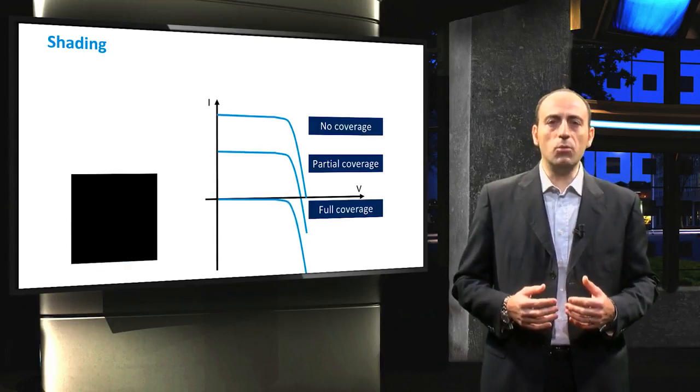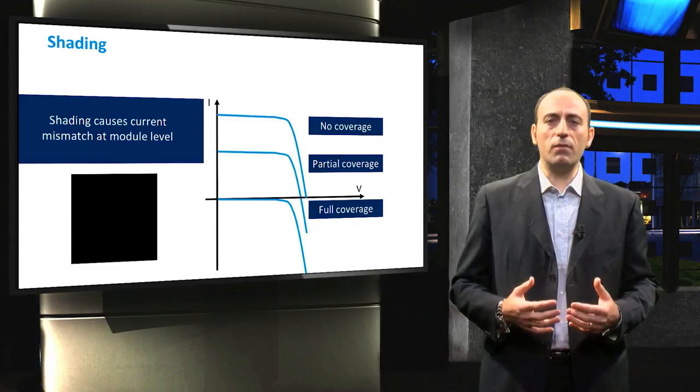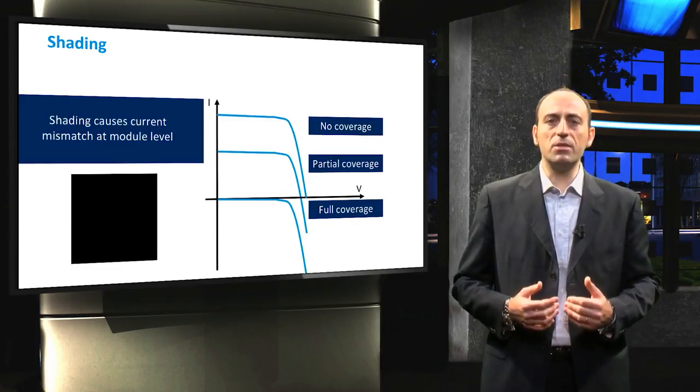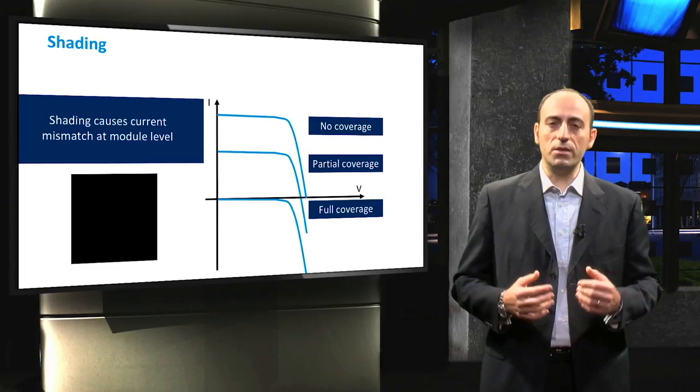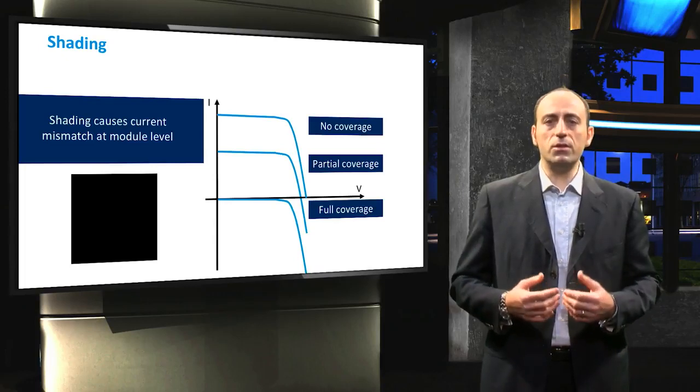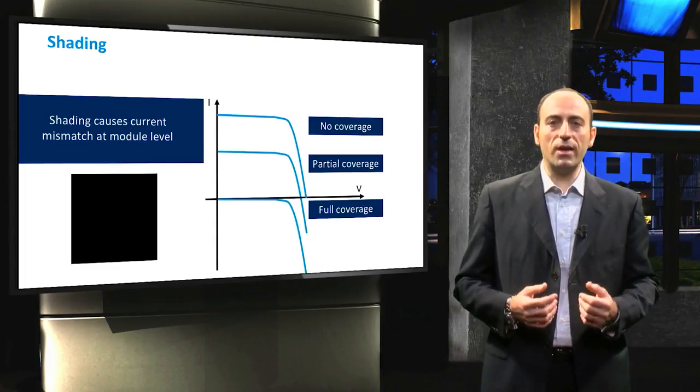Problems arise at module level because the shading of a single cell implies a current mismatch in the PV module. So it is important to know the topology and how the cells are connected together. For example, depending on how you mount the module, vertically or horizontally, and its internal configuration, your module can be more or less resilient against shading.